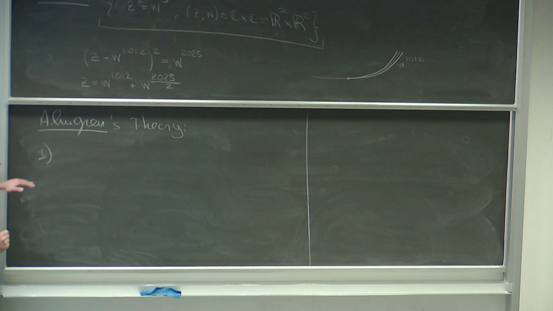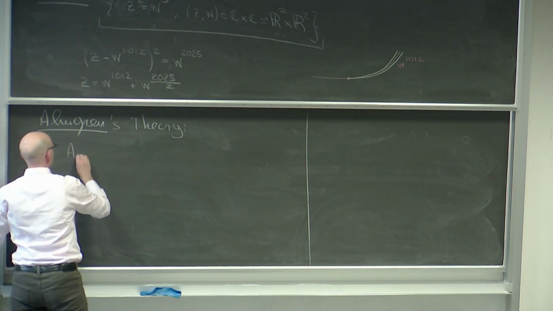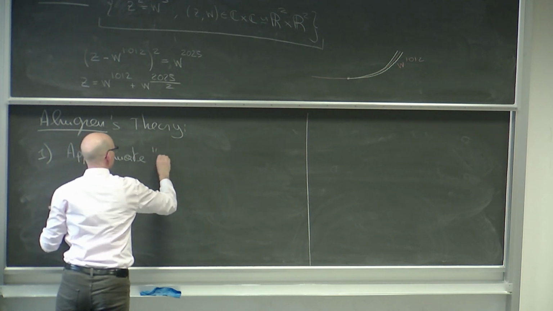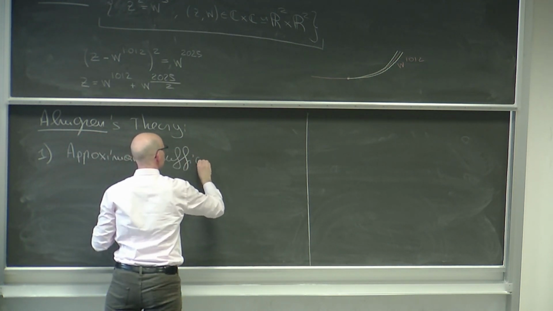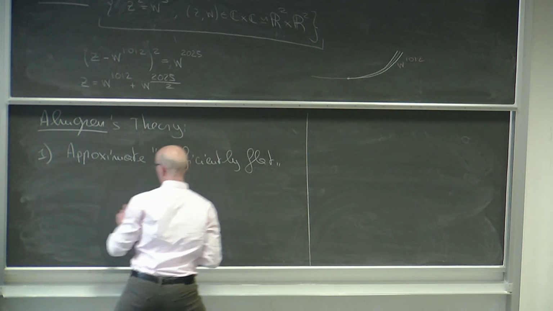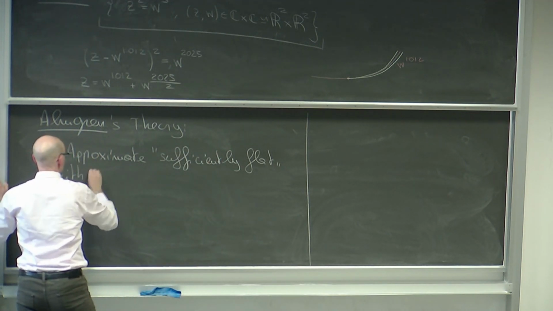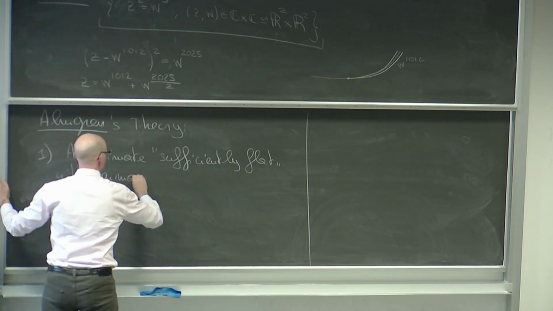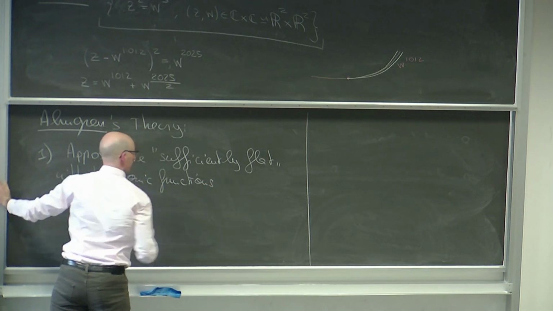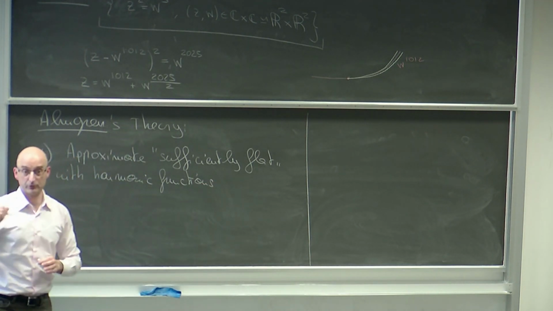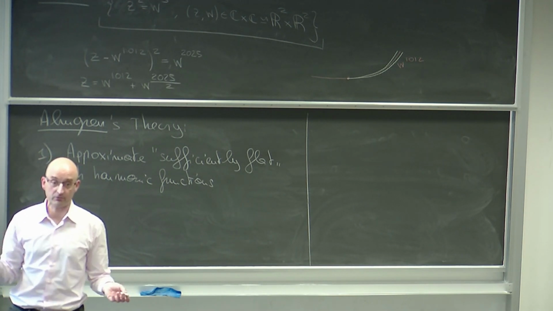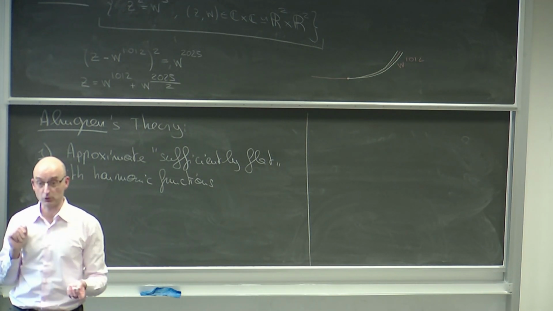So the first thing you would like to do is approximate sufficiently flat minimizers with harmonic functions. But you can't actually do it, because if you remember my example, close to the singularity is nowhere a classical function, but it's a multi-valued function.